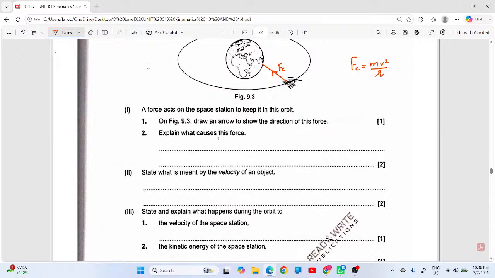Explain the force. So what you have to say is that the gravitational force, the force of attraction between Earth and the satellite, produces the centripetal force.